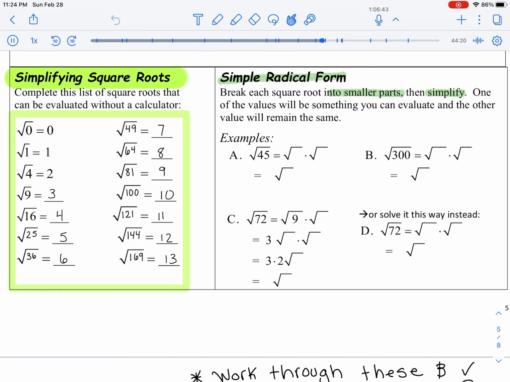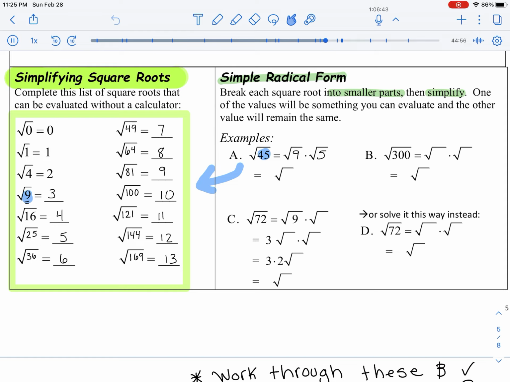So for instance, the square root of 45. I'm going to look at my number 45 and try to find a square root that can divide into 45 by looking at my list on the left. Well, if I look at that list on the left, I'll notice that the number 9 right here can go into 45 because 45 equals 9 times 5.